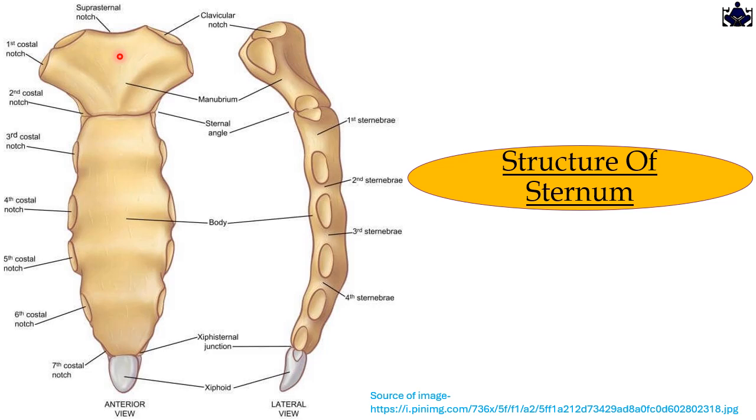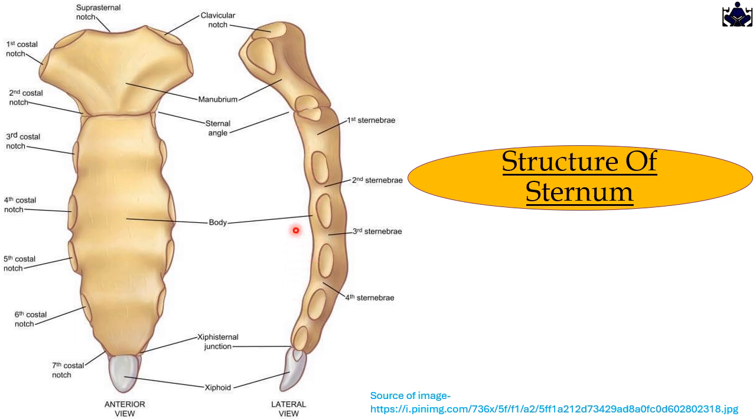The manubrium shows three pairs of facets: first, second and third. In this lateral view, you can clearly see the first, second and third. The first pair is at the anterolateral side for attachment with the clavicle of the pectoral girdle. The second and third pairs are on the lateral sides for attachment of the first two pairs of ribs.